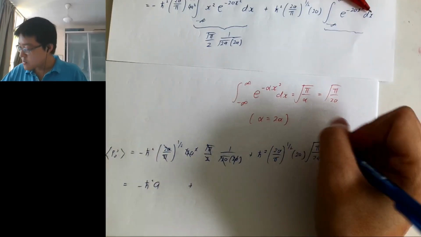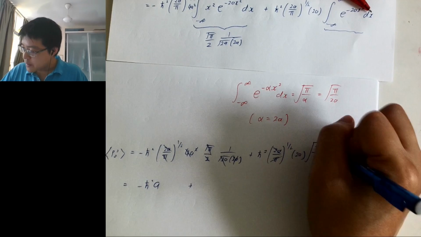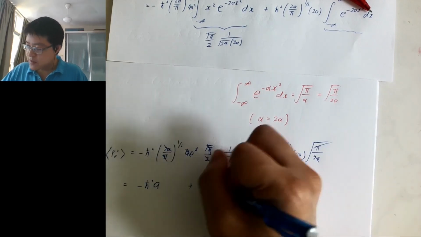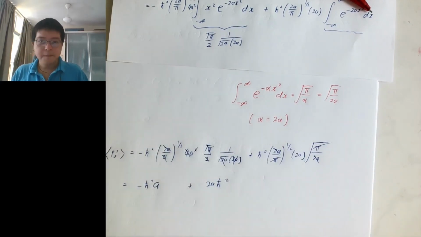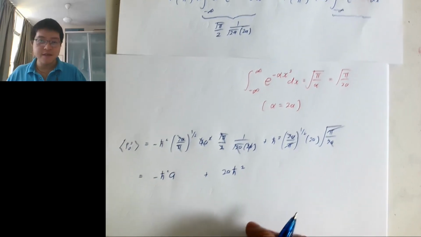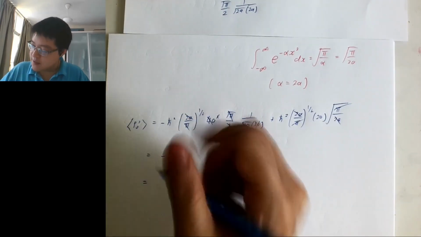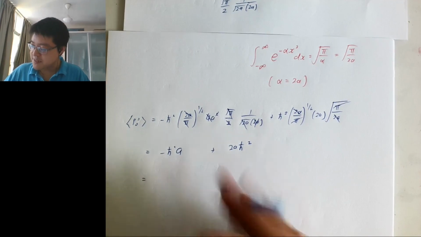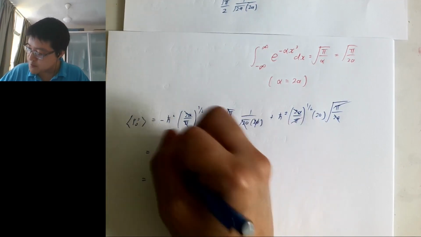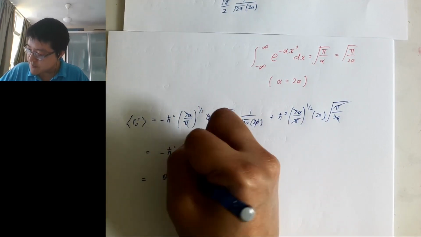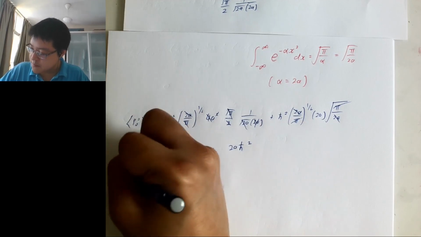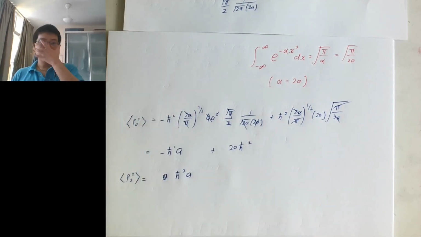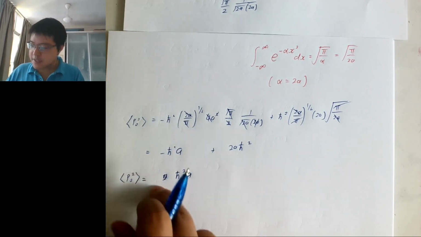And then this thing also cancels, 2a, square root pi also cancels, and then this is 2a. Cancel culture gone mad, people say. So 2 h bar squared minus this is just positive h bar squared a. Okay. So we have found this already.